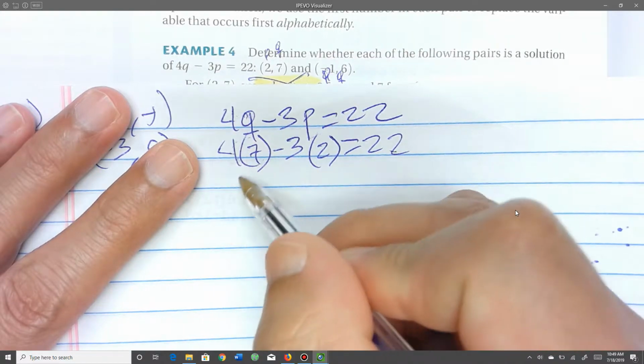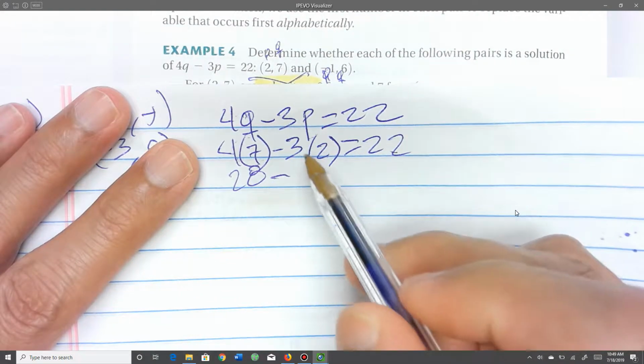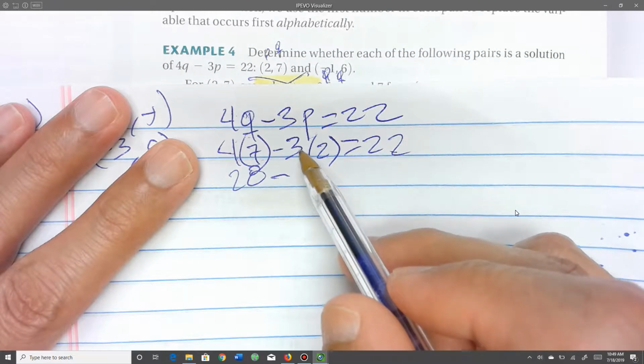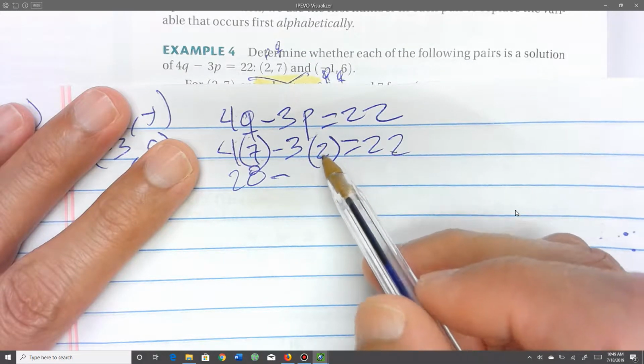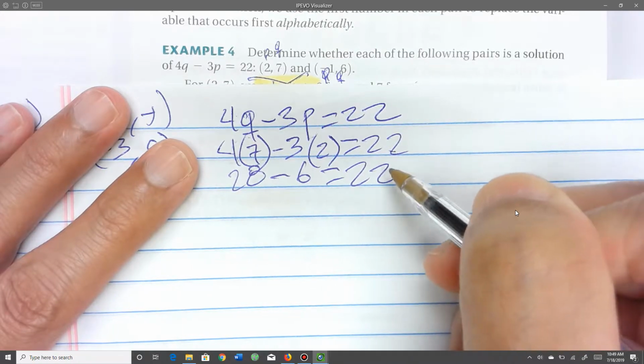So 7 times 4 is 28, minus, and 3 times 2 is 6. Okay, rewrite everything else, and now you're here.